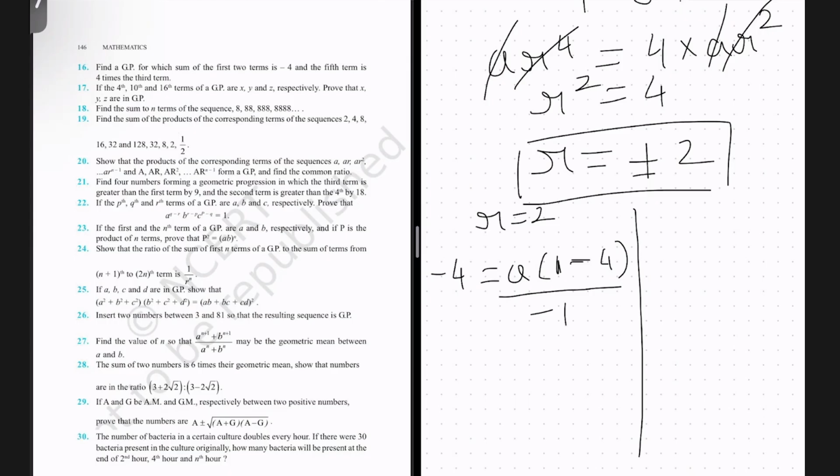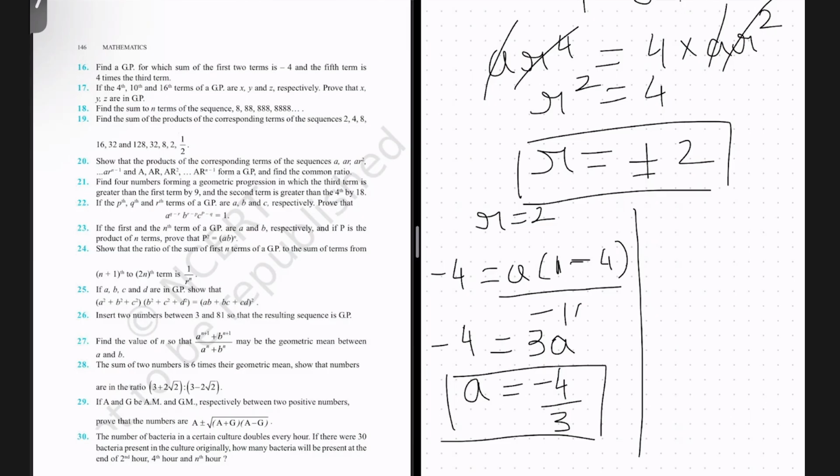So multiply that, what you finally get is -4 equals 3a, correct? I've just cancelled -1 off and reversed the sign of the numerator. So I have 3a equal to -4, and a would then be -4 by 3, right?